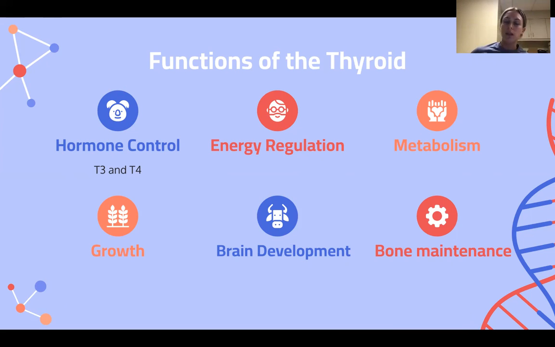The thyroid mainly regulates the energy in our body as well, and also helps us maintain our bones. So it's responsible for a lot of things. If the thyroid isn't functioning properly, a lot of things can go wrong in the body.